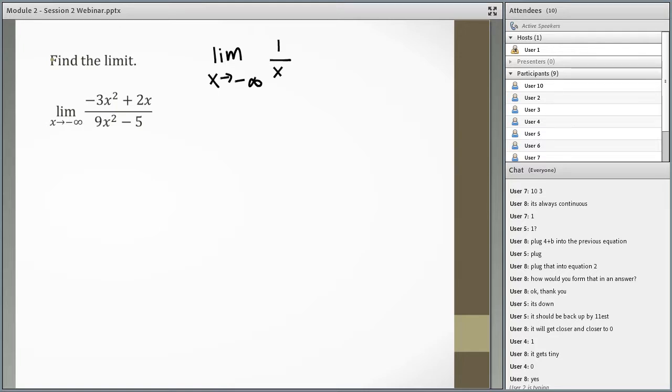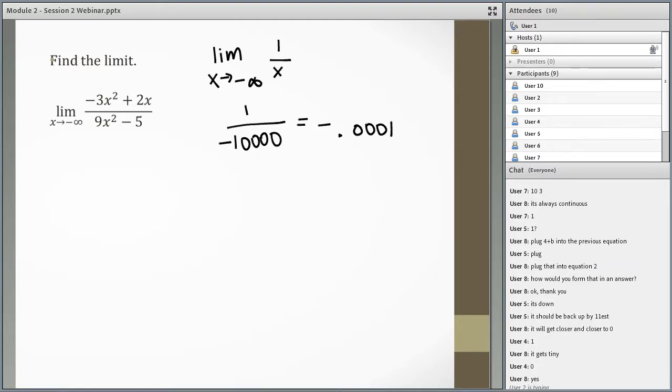So let's do the same one that we just did. Let me choose 1 divided by, it's going to negative infinity, so negative 10,000. That was the first one that I did before. What does our answer end up being? It's the same 0.0001, it's just negative now.